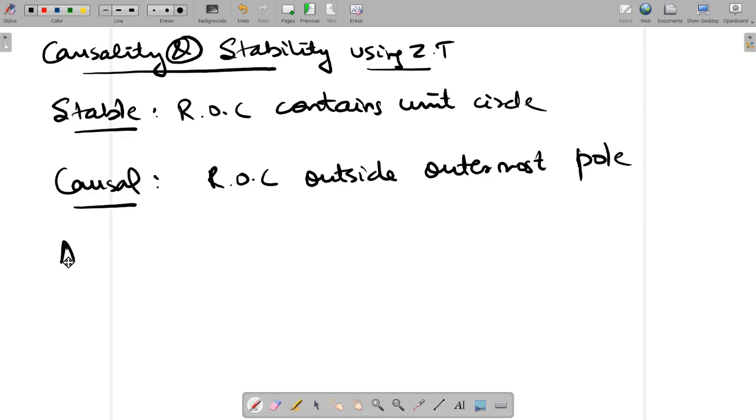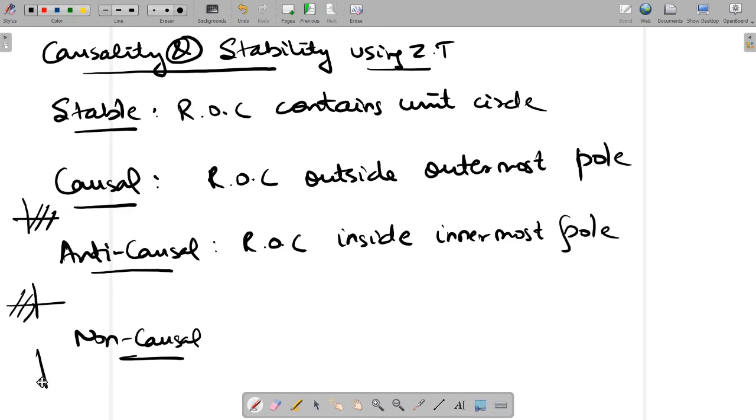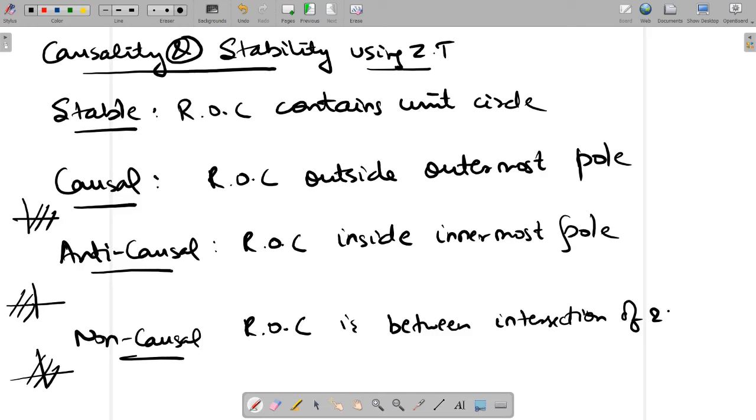A signal is anti-causal if ROC is inside the innermost pole. Okay. So causal means on the right hand side, anti-causal means on the left hand side. If I say non-causal, what's the meaning of non-causal? On both the sides. So ROC is between the intersection of two ROCs.